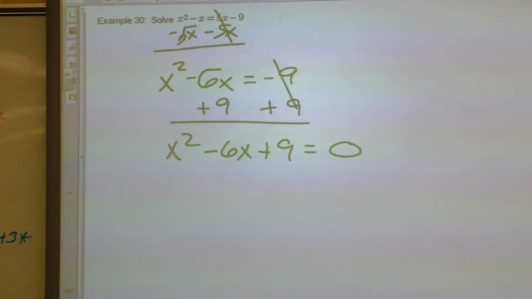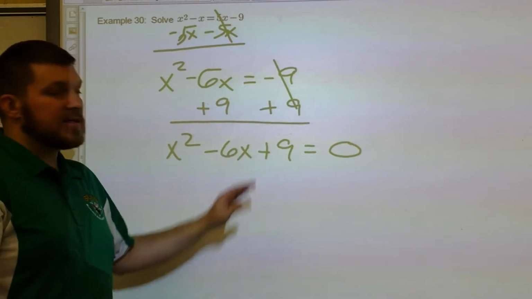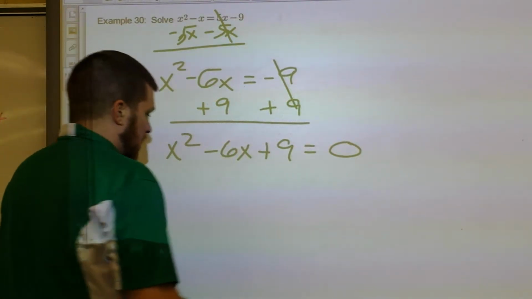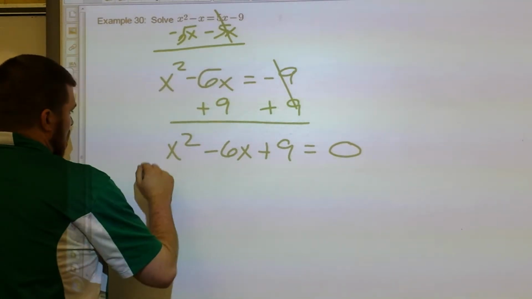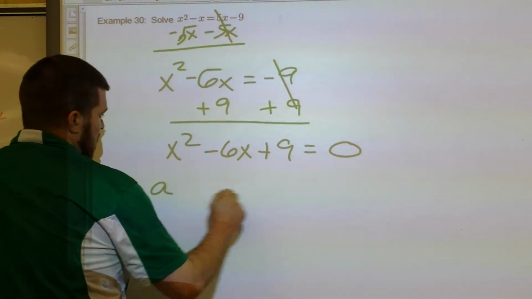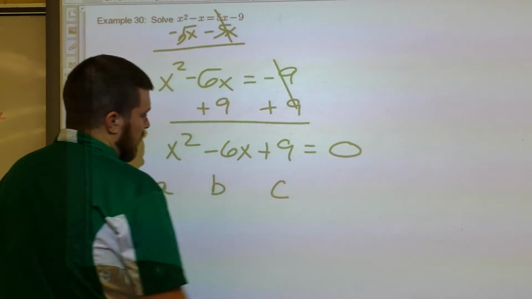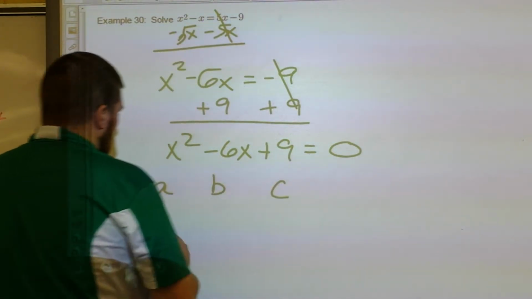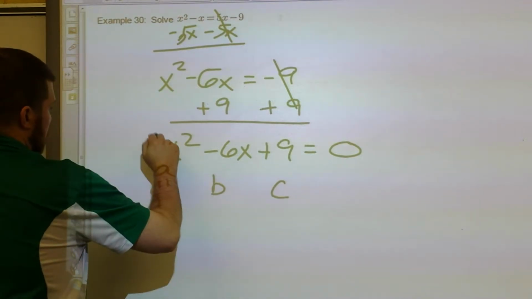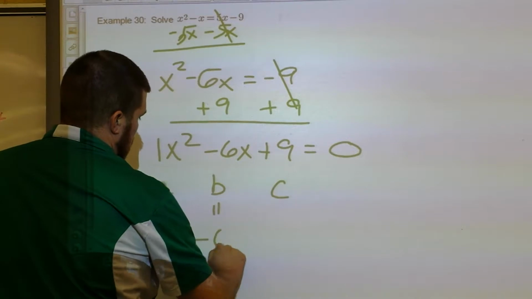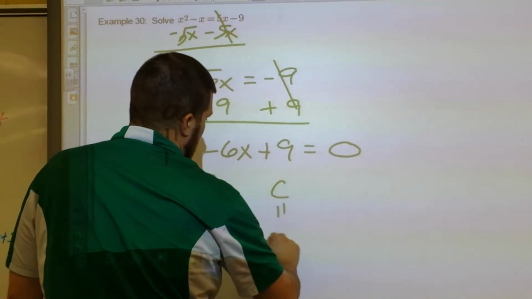Okay? Now, I can tell you that this will work by factoring, but we're going to practice using quadratic formula. Again, my very first number is A, my middle number with the regular x's is B, and my last number that always goes with the regular numbers is C. So that means A is 1 in this problem because there's a 1x squared, B is negative 6, and then C is 9.